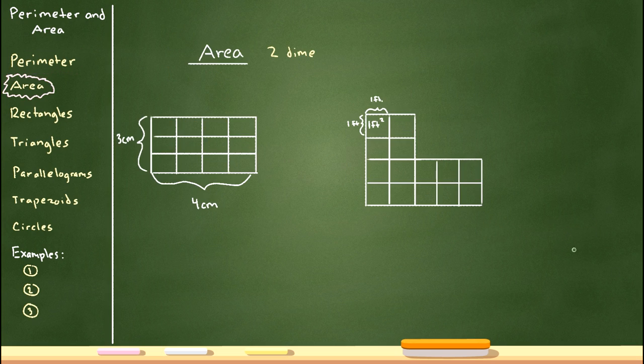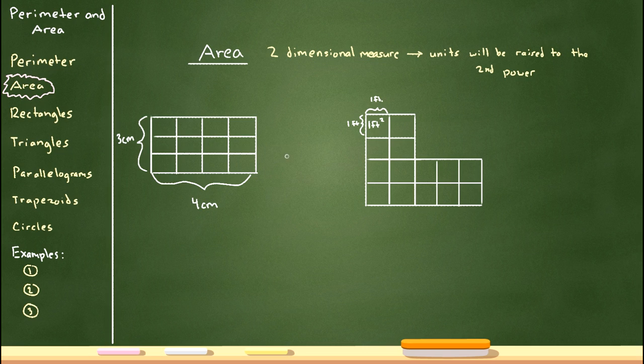Now, going back to the area, so area is a two-dimensional measure. Okay, so what this means is that we're measuring a space in two different directions. Okay, so two-dimensional measure, so this means that whatever units we're working with, units will be raised to the second power.